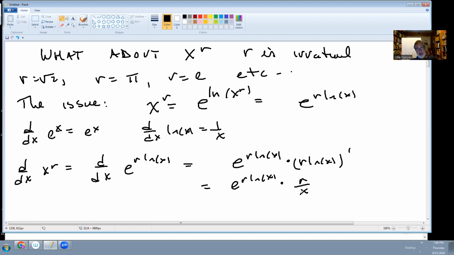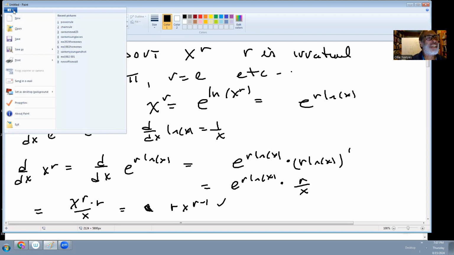We already know that's 1 over x. But the very first thing, e to the r log x, that's just x to the r. And notice we have a power of x in the denominator, so this will be r x to the r minus 1.